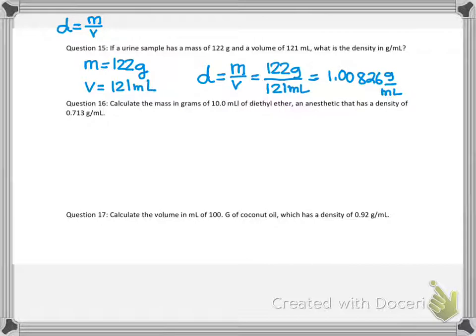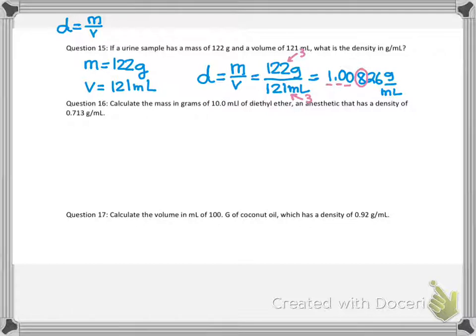Now that's what my calculator says, but I want to think about significant figures. This number has 3 significant figures, and this number has 3 significant figures. When we're multiplying and dividing, we always go with whichever has the least. So if both numbers have 3, I'm going to want 3. So it'd be 1, 2, 3, but I'm going to drop off an 8.